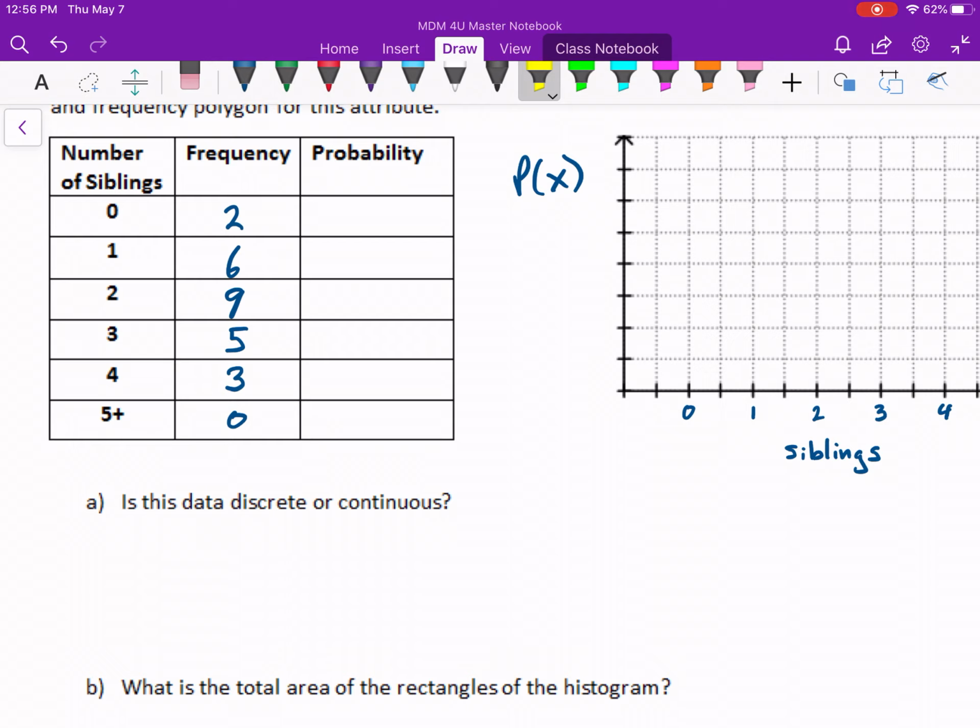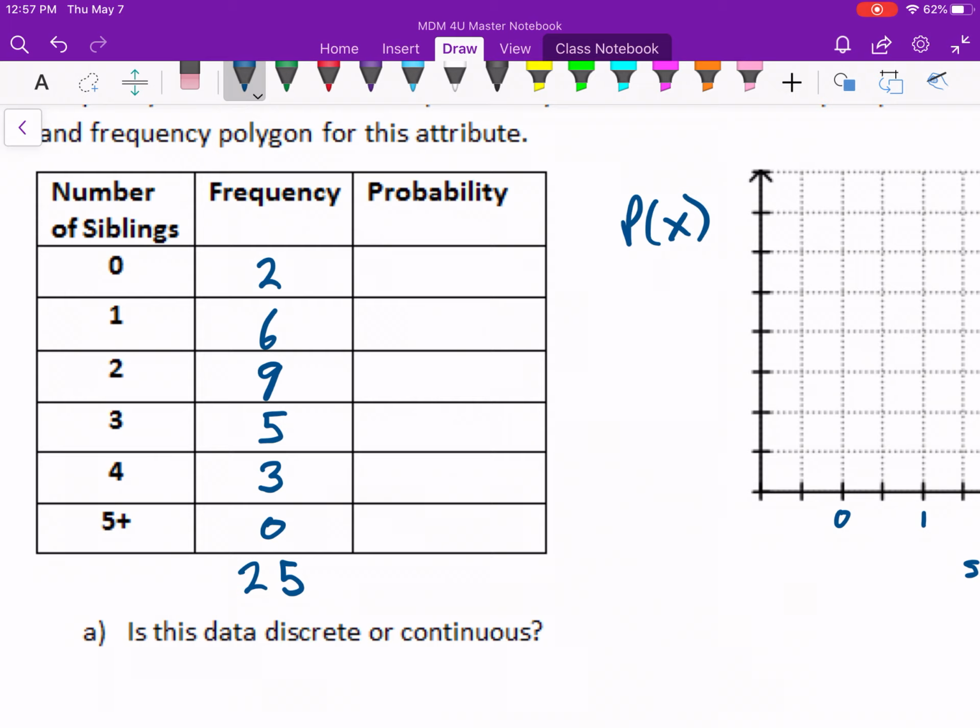Then I can get the probability of choosing a person with 0 siblings: there are 2 possible successes out of 25 people I can choose from, which works out to 0.08. So there's exactly an 8% probability that I would choose one of those people.